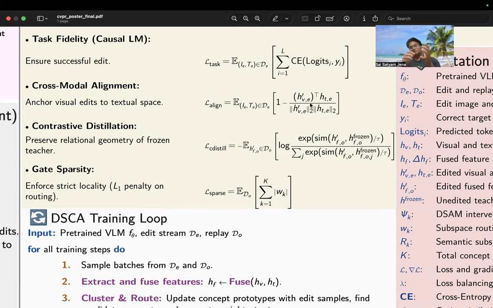What we essentially do is, because HV and HF, the visual internal representation and the fused internal representation, are in the same dimensions, whatever edit we proposed in the fused representation, we simply add that to the visual representation as well to get this H dash V E, meaning edit out of the edit dataset.